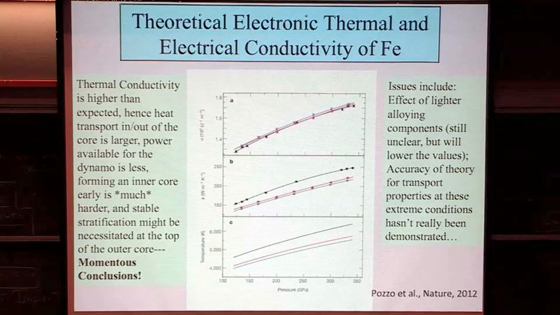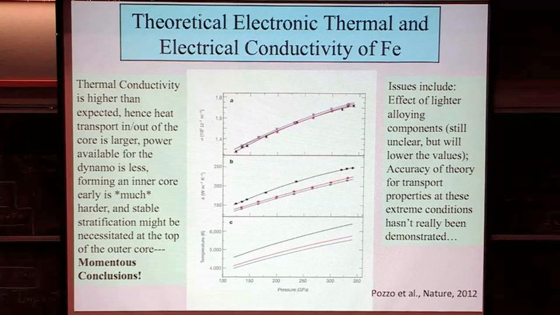And so each of these curves corresponds to a chosen geotherm through the outer core. And what they get is actually quite large values of the thermal conductivity of iron, order a couple hundred, and thus more compatible with the higher values of electrical conductivity, the older electrical conductivity values.